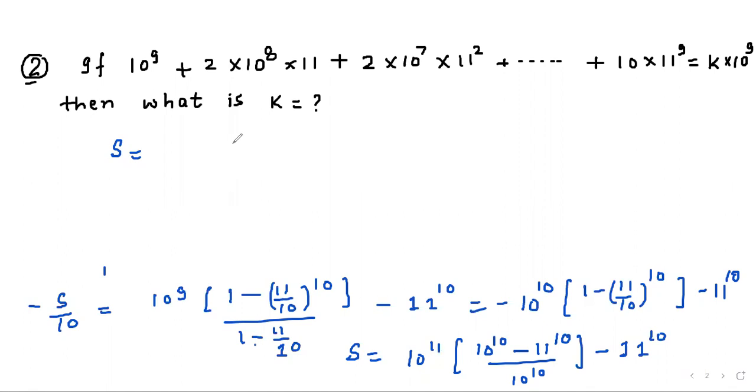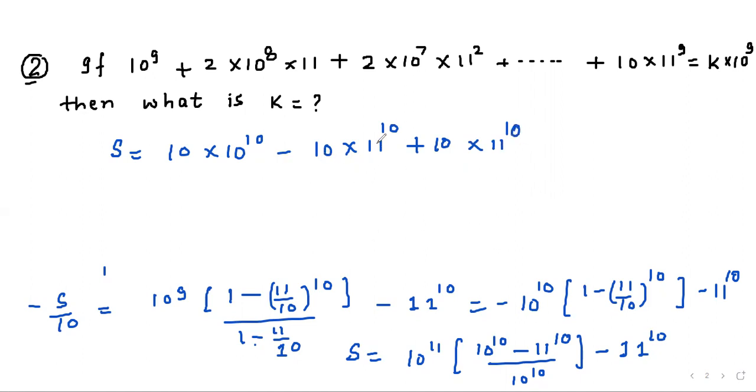So we write it as 10 into 10 power 10 minus 10 times 11 power 10 plus 10 times 11 power 10.